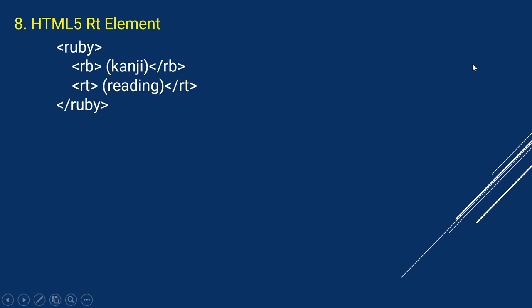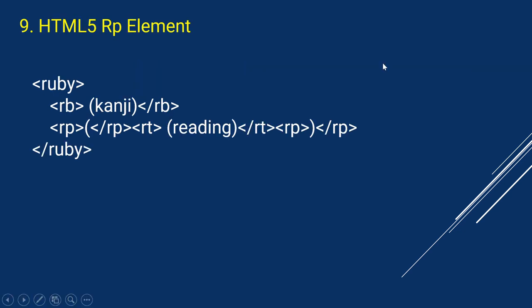It is often used to provide pronunciation guidance for East Asian languages. The RP element is used to define Ruby parenthesis. It is often used to provide pronunciation guidance for East Asian languages.